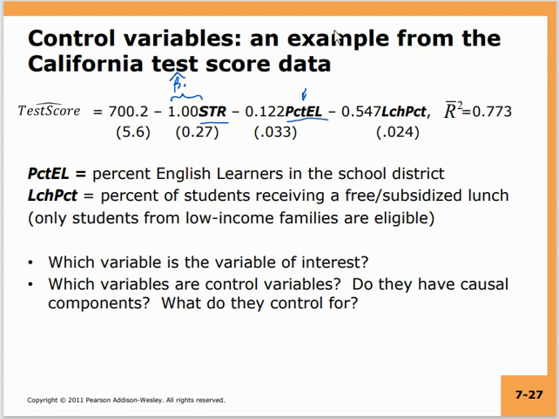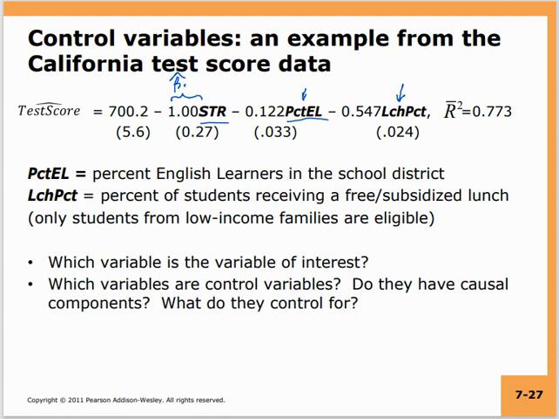Now we include another variable which is lunch percent, or percentage of students receiving a free subsidized lunch. Only students from low income families are eligible for receiving the free subsidized lunch.